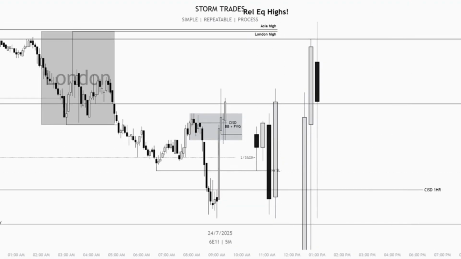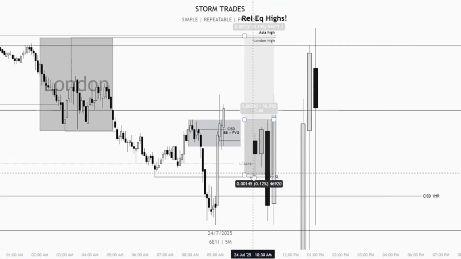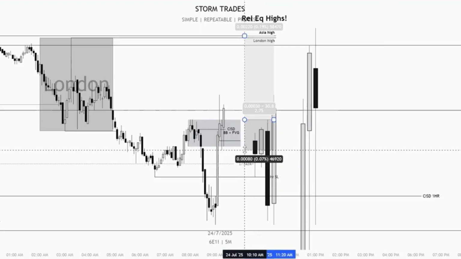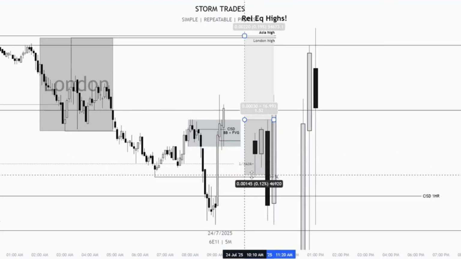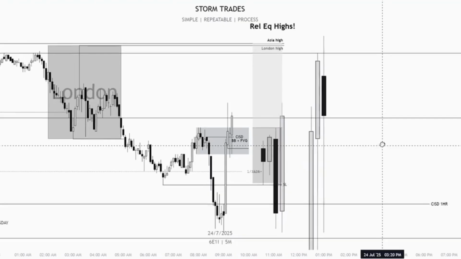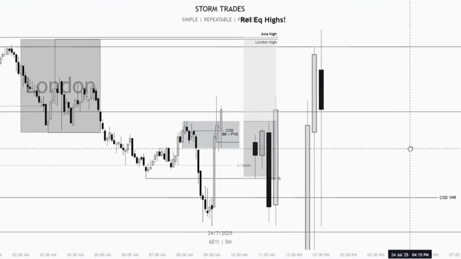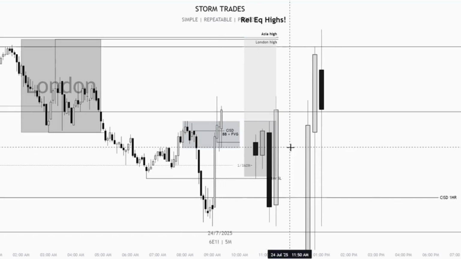Right now, I'm going to set a limit order, and I did set a stop below the midpoint of this fair value gap. I could have easily done a stop right here, okay? But I just wanted to be a little more conservative, and I looked for about 1.5 R, and I had a little bit larger stop there because of this large unmitigated portion of the fair value gap.